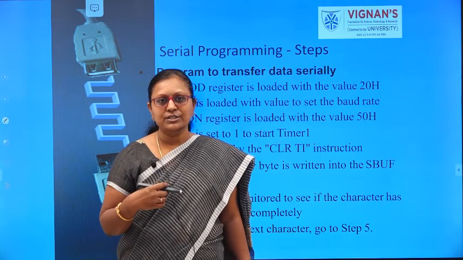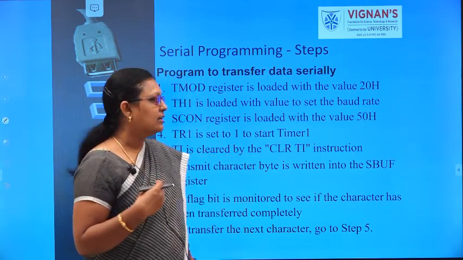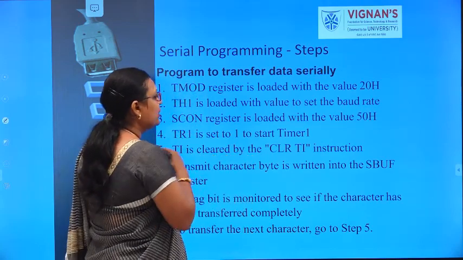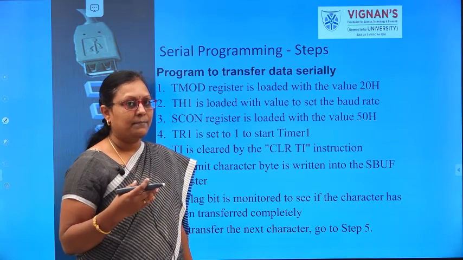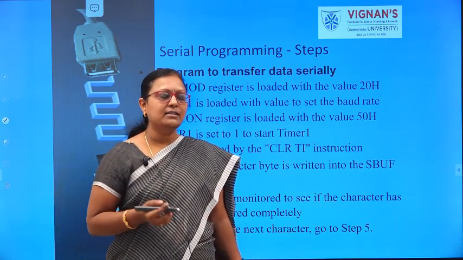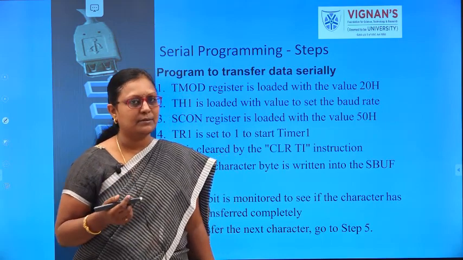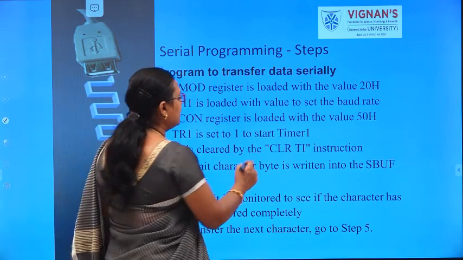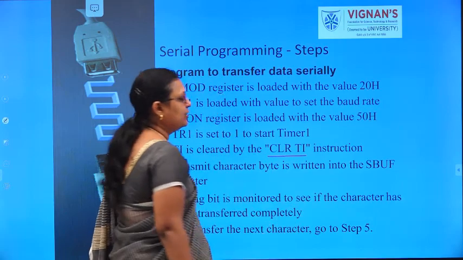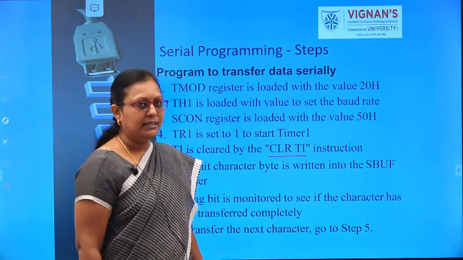After initializing all of these, the timer has to be started. If the transmit interrupt flag is set, it has to be cleared first, so we give the command CLR TI to clear the transmit interrupt flag.